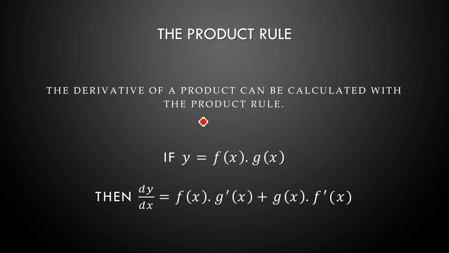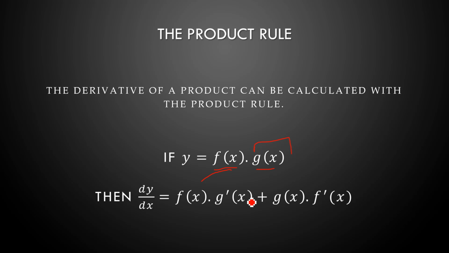Now here is the formula of the product rule. If we have a function y is equal to f(x) dot g(x), which has two functions f(x) and g(x), and these two functions are in multiplication with one another, then we will apply the product rule to take the derivative of this kind of function. We will have dy by dx. We will leave the first function as it is, f(x), and we will take the derivative of the second term or the second piece.